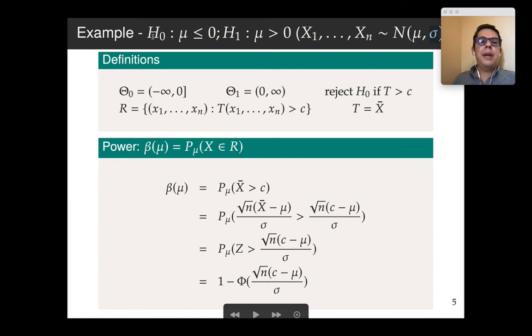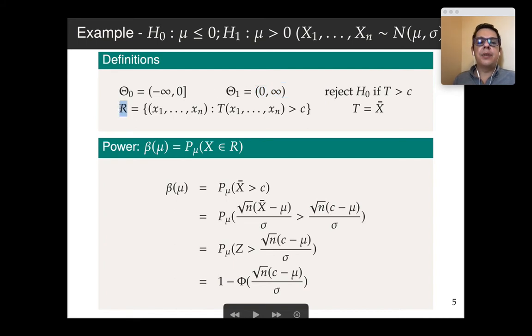Based on this definition, what we can see is that the set theta 0 goes from minus infinity to 0, it contains the 0, and theta 1 goes from 0 to infinity. That comes directly from the definition of H0 and H1.